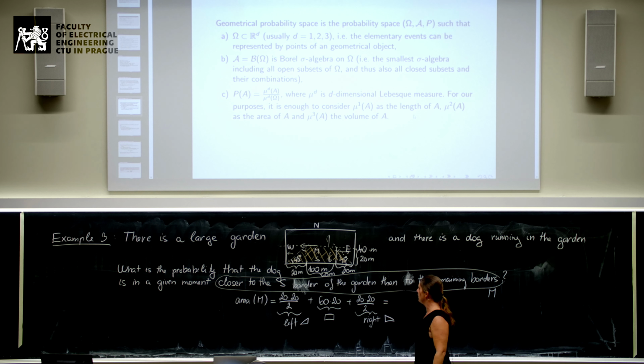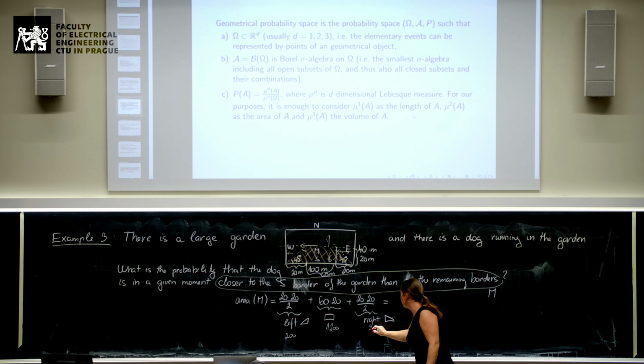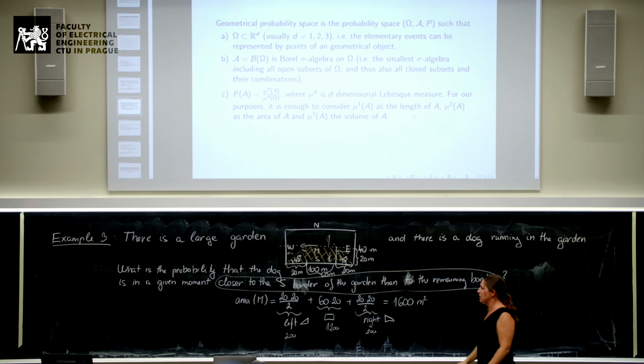So the total area is 200 plus 1,200 plus 200, 1,600 square meters.